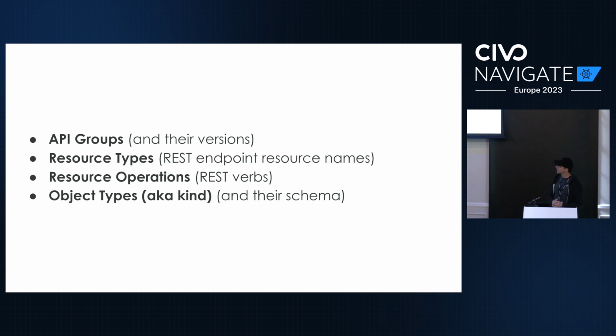One of them is this concept of API groups. API groups are used to organize related resources and the operations around them. It's a way to evolve and grow the API in a more flexible way.